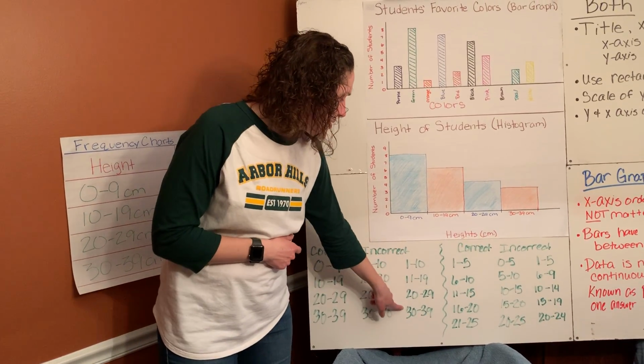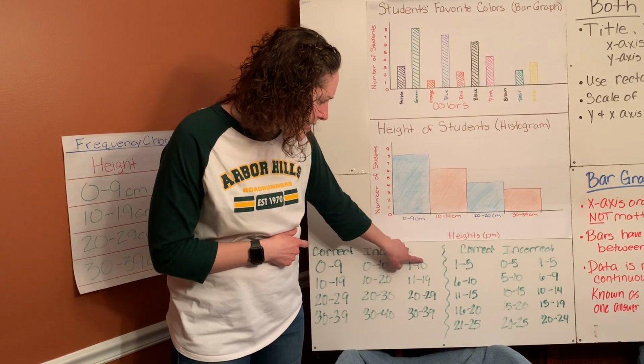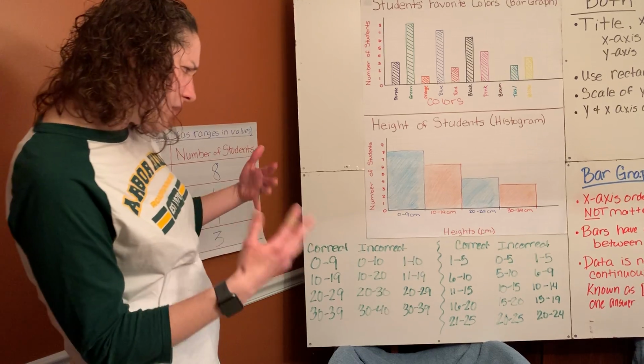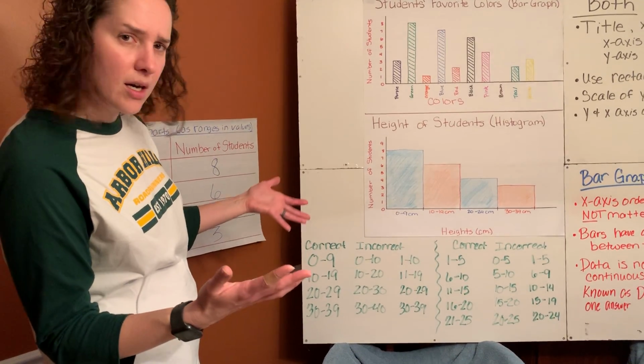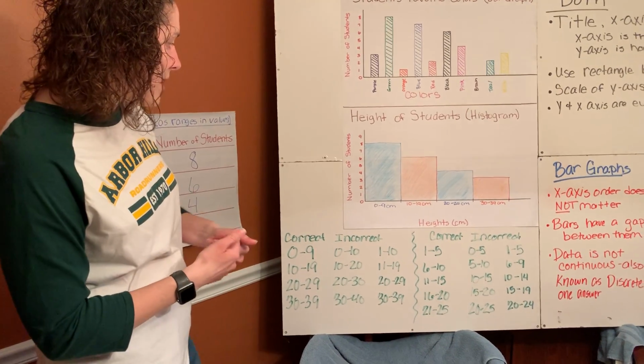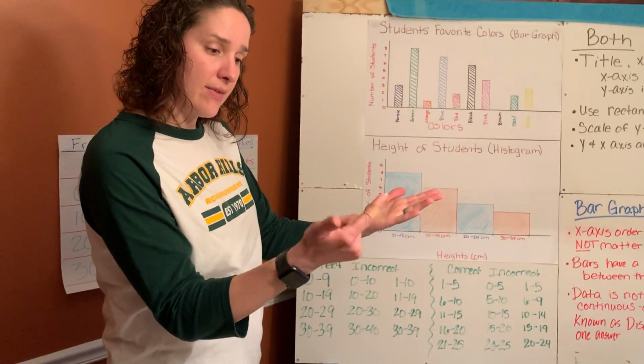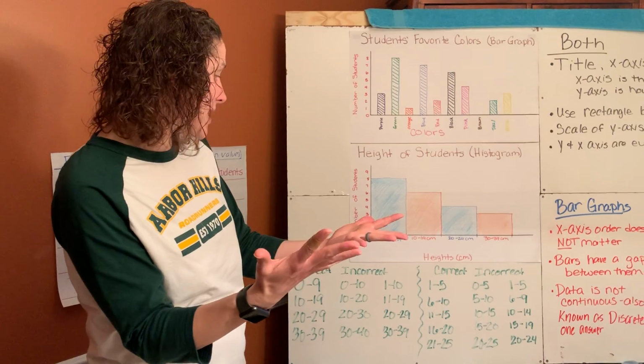Here's another one. This is something that students do too. It kind of looks okay, like 1 to 10, and then 11 to 19, and then 20 to 29. It looks okay because no numbers are done twice, but if I go from 1 to 10, 1, 2, 3, 4, 5, 6, 7, 8, 9, 10, that's 10 pieces of data.